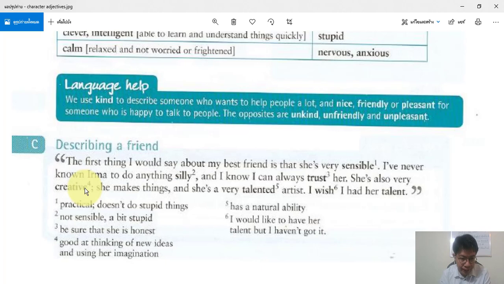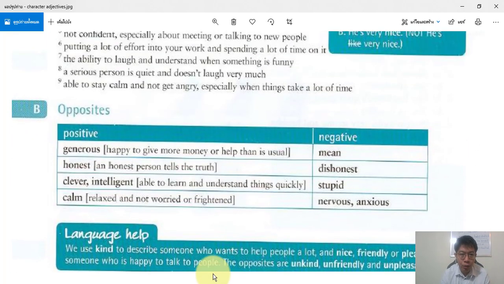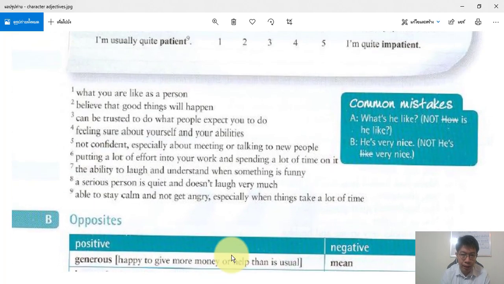And number 4, creative. Creative means good at thinking of new ideas, always having new ideas in your mind. Number 5, talented, has a natural ability. Okay, that's it. So I hope that you have time to look at all such adjectives and develop your vocab altogether.